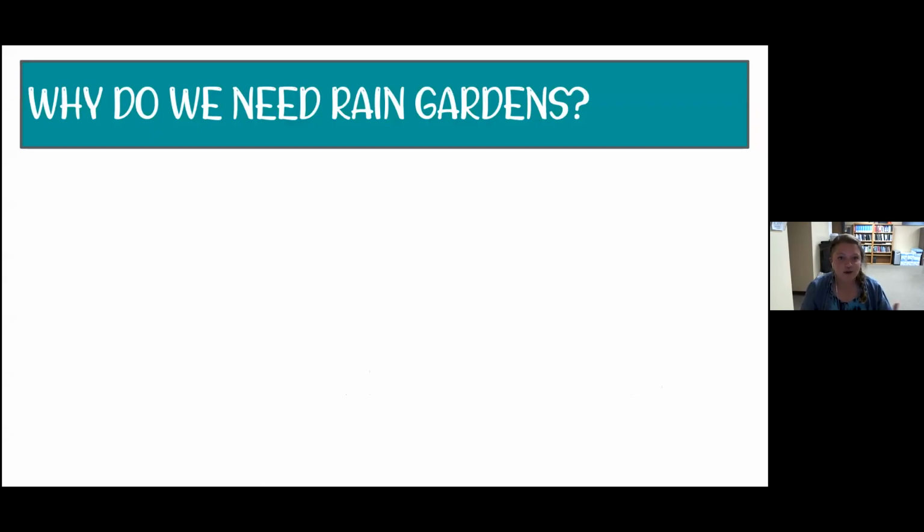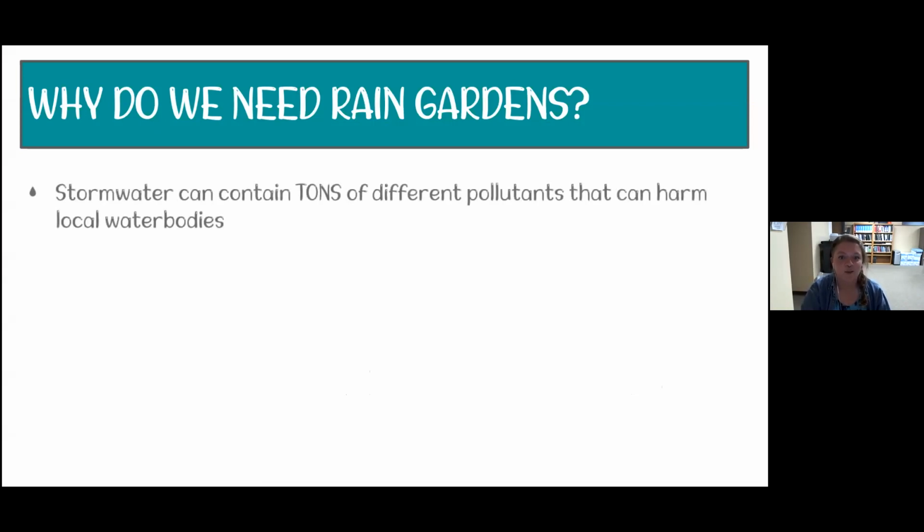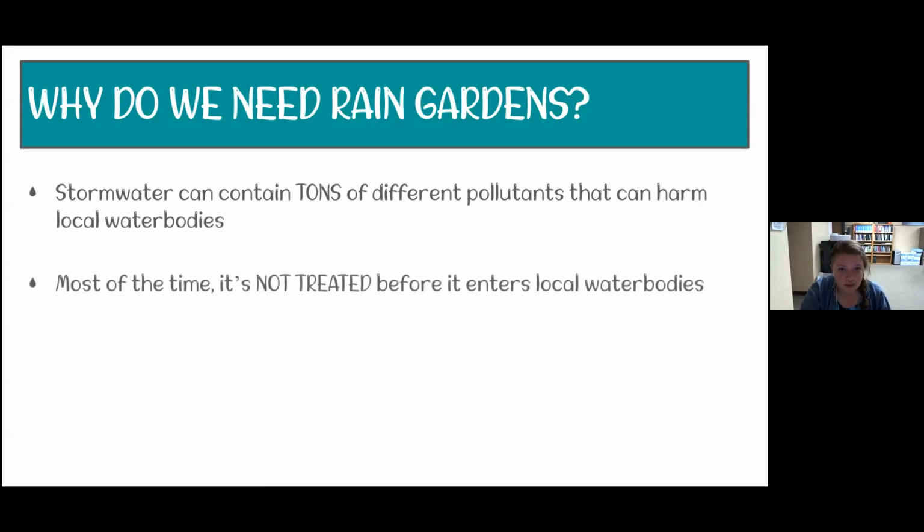And that brings us directly to why we need rain gardens, right? So just to recap a tiny bit, we know that stormwater contains tons of different pollutants, and they can all affect our water bodies in a ton of different ways. And most of the time, we know that here in the Flathead Basin, that stormwater is not being treated before it goes into our water bodies.